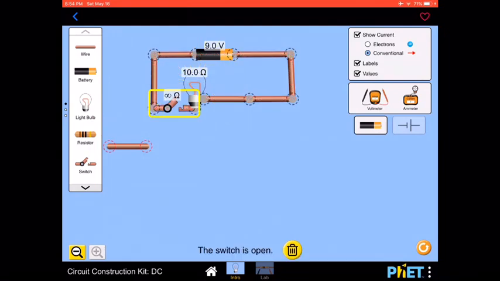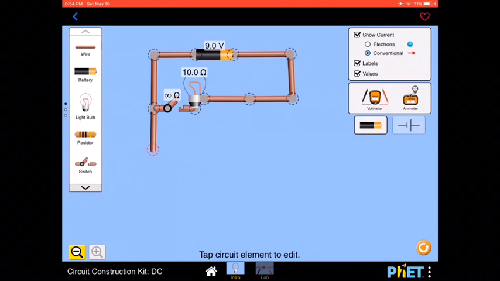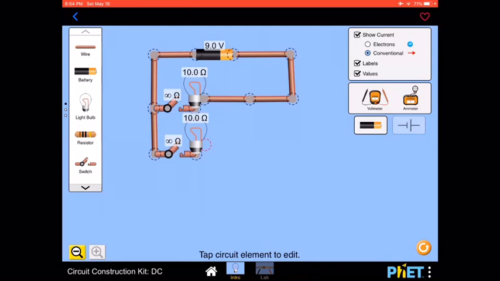I'm opening the switch, getting one more, putting another switch, and then we put the bulb there. Let's do that here, and let's do that.